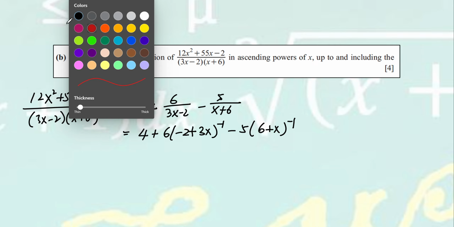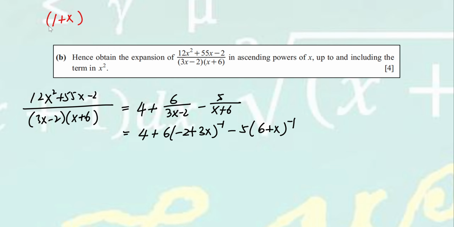Okay, now according to the binomial expansion, this is a formula whereby the n is a real number, it must be 1 and it must be plus. So here 1 plus nx plus n minus 1 over 2 factorial x squared. Okay, so I just consider up to x squared.